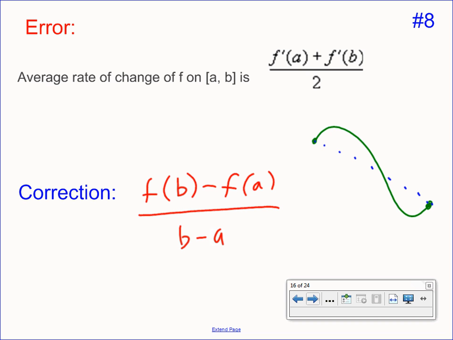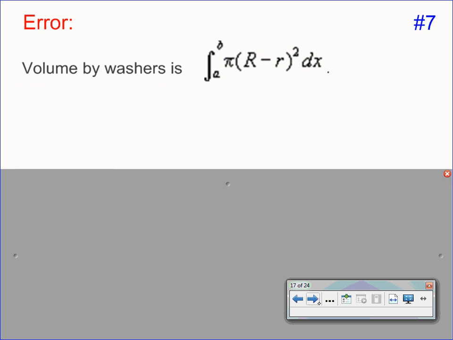All right. So number 7, volume by washers is the integral from a to b of pi r minus r squared dx. What's wrong with this? Looks good. No, Megan. You need to separate the r's, you can't split them together. Yes!